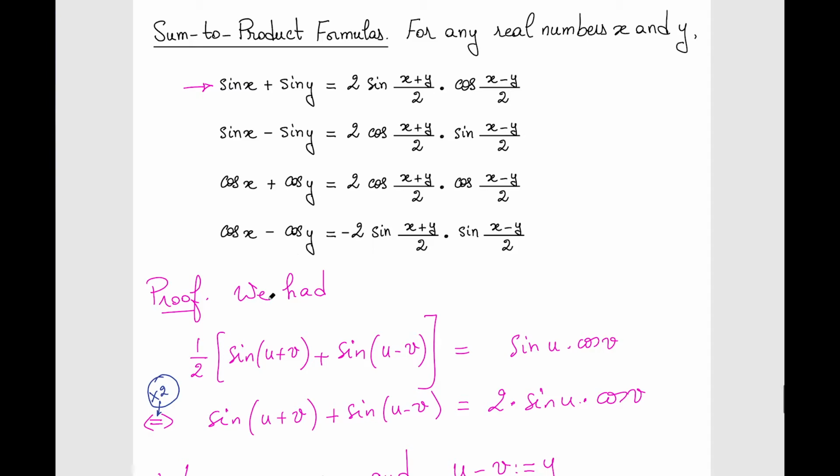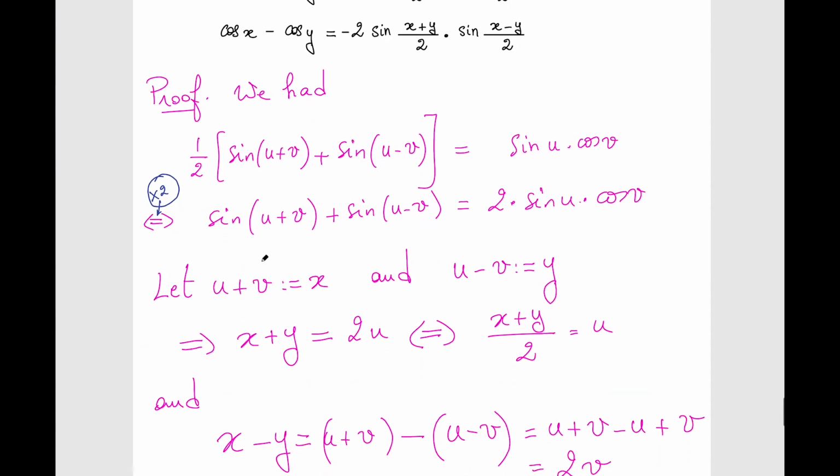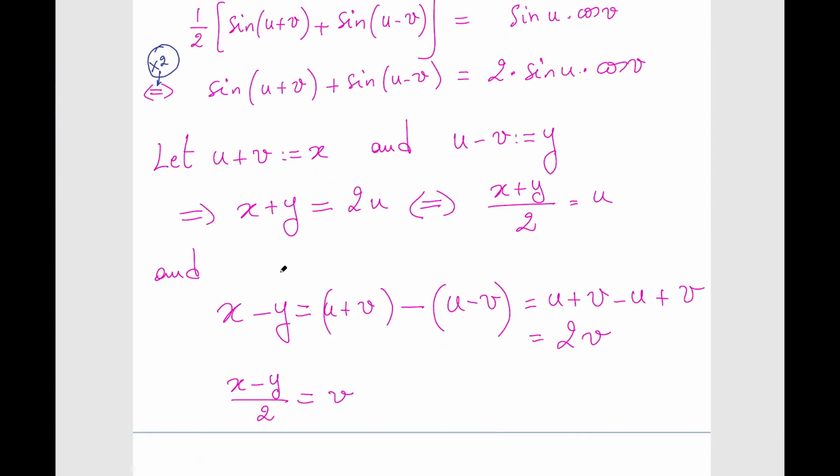So my point here is, after we made the observation that this structure looks like this structure, we assigned a role for u plus v and a role for u minus v in terms of the given x and y. We found that if you add x and y and divide by 2, you get u, and if you subtract x and y and divide that result by 2, you get v.